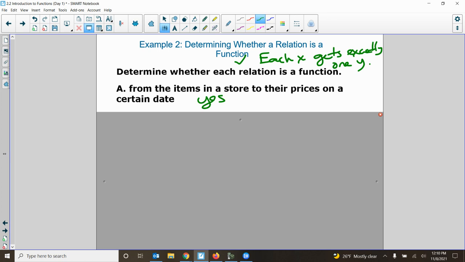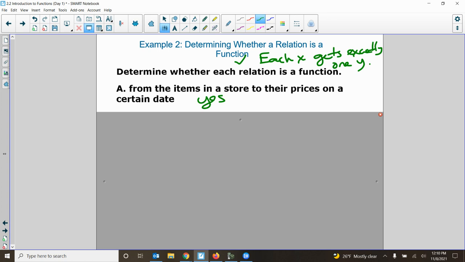Now, if we're living in a world of hyperinflation, where it's $2.50 in the morning but then $3.50 in the afternoon, now we've got a problem. But that's generally not how stores work. On a given day, a certain item has a certain price. So this would be a function. The Cocoa Pebbles cost $3.29. So this would be a function because each x gets exactly one y.